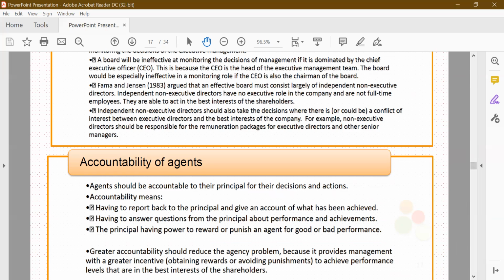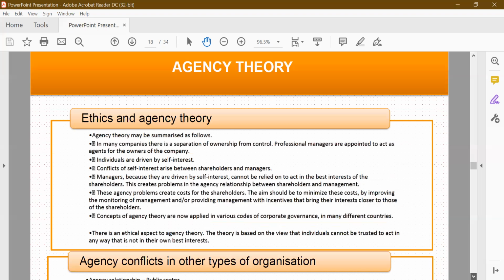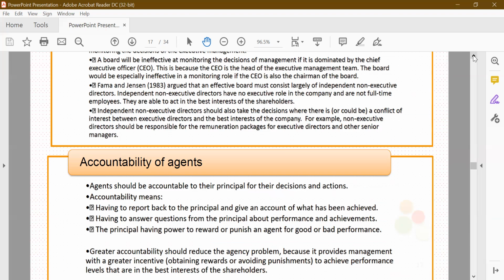Greater accountability should reduce the agency problem because it provides management with a greater incentive to achieve performance levels that are in the best interest of the shareholders. It pushes management to align their interests with the interests of shareholders. This is very, very important.